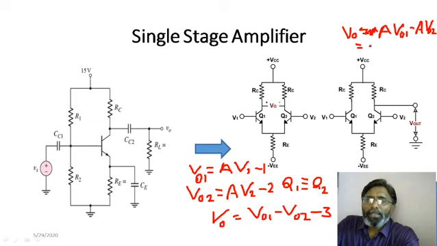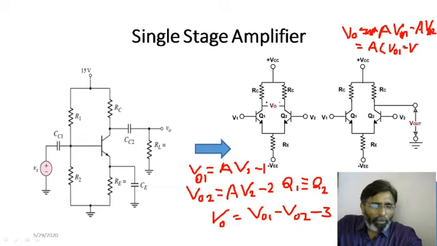So, I can write this as A into VO1 minus... this should be A into V1, this is A into V2.